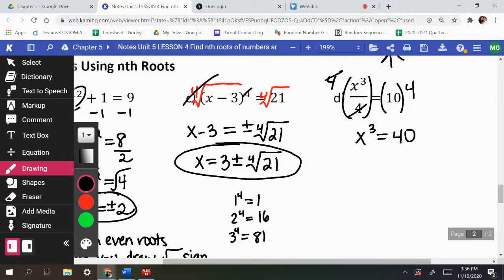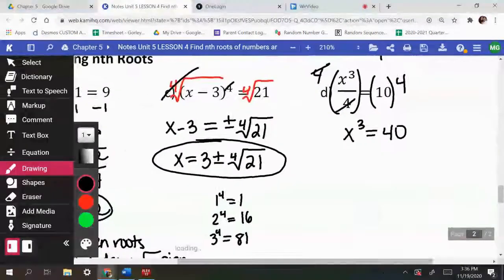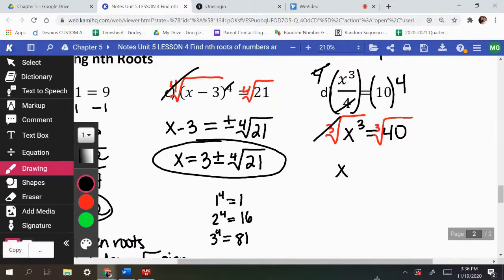Cube rooting it is going to be the opposite. So let's go ahead and cube root both sides. We get x, because the cube root undoes the cube power, equals, do I need plus or minus? Nope, don't need plus or minus because it's an odd root.